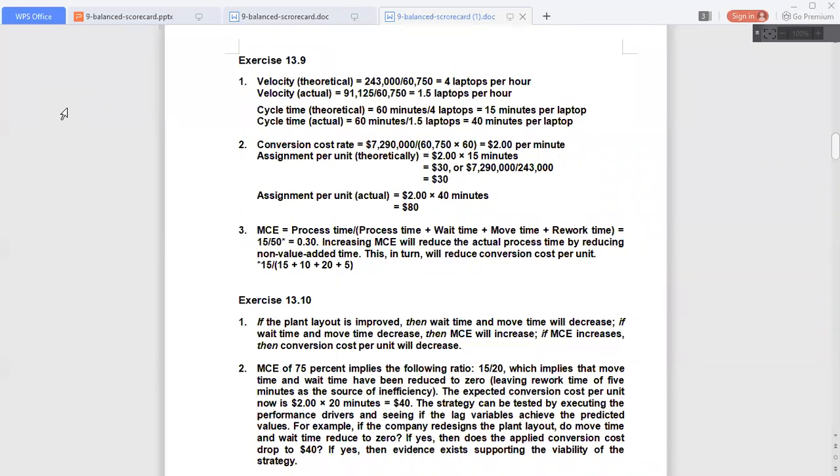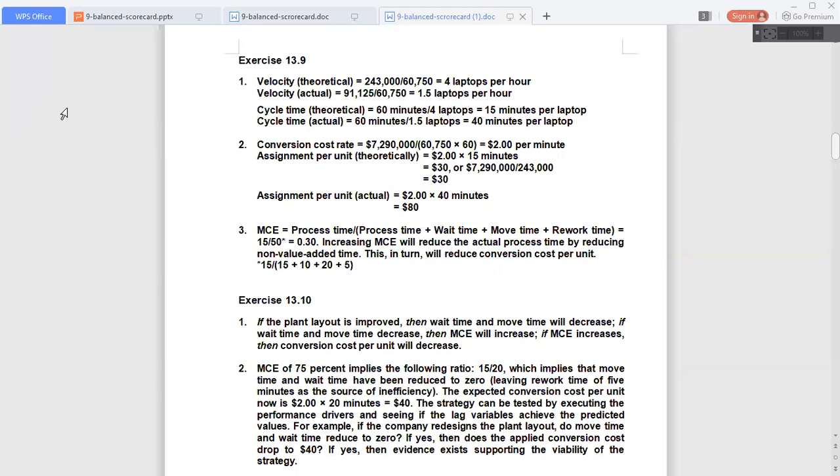Then we divide it by the product of multiplying 60,750 production hours available per quarter, and then we multiply that by 60. So we now divide 7,290,000 by the product of 60,750 multiplied by 60. So we get $2 per minute.